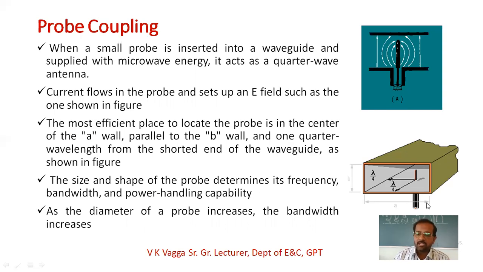So what frequency it is able to catch, what is the maximum bandwidth it can sustain, and what is its power handling capacity, all are decided by the size of the probe and its shape.